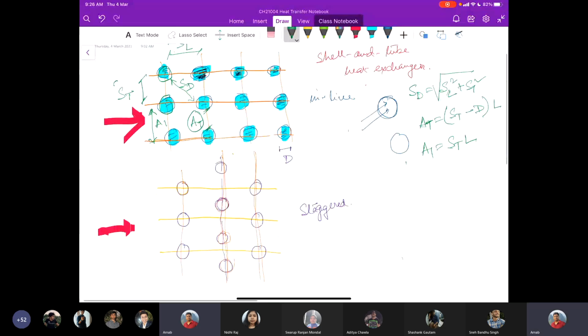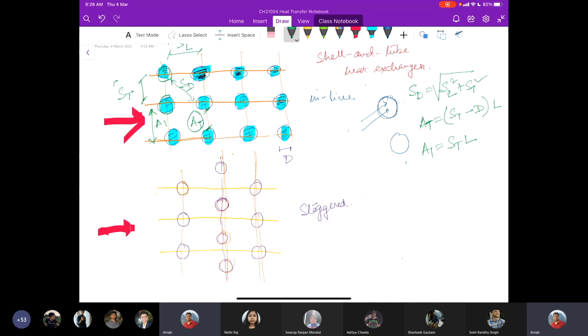Now, how do we calculate the Reynolds number in this case? Because that is one of the primary parameters that we have to find, since we have to use an appropriate correlation for finding the average Nusselt number. In this case also, like the previous case, we have a set of correlations for various ranges of Reynolds number and Prandtl number.